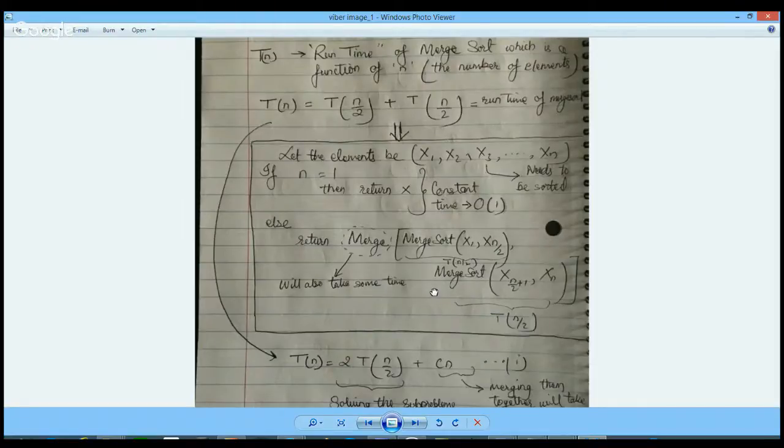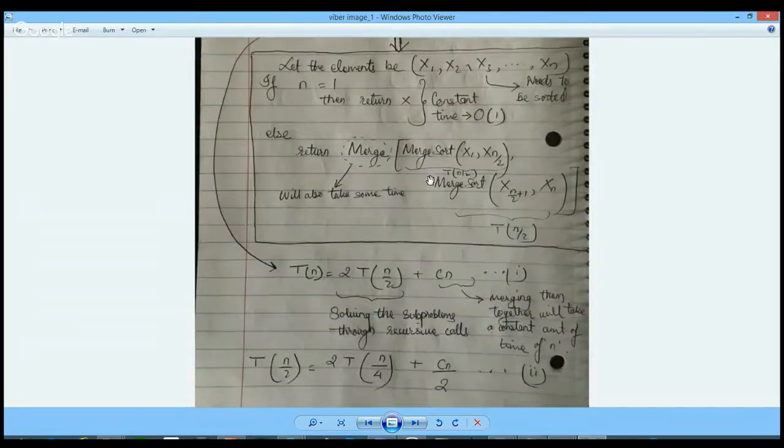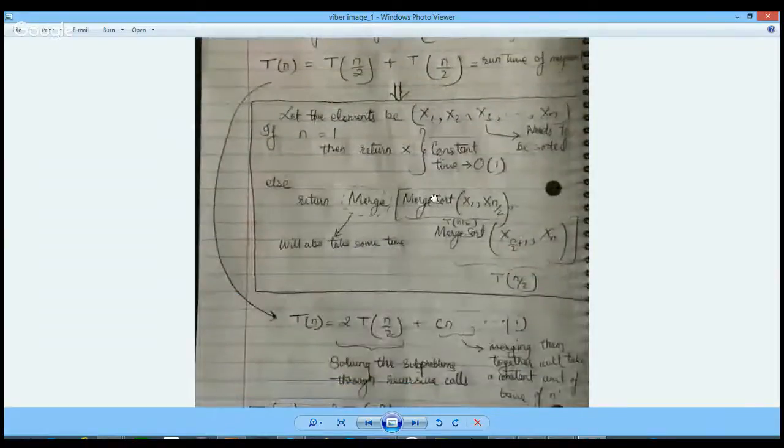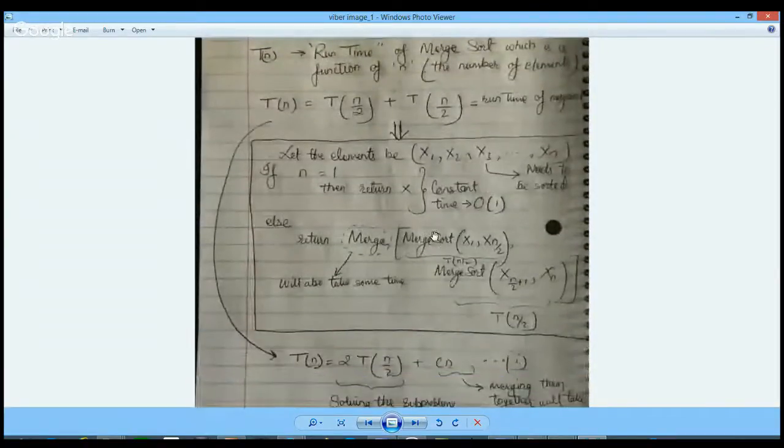So moving further, we can just add these two T(n/2) terms, which equals 2T(n/2) plus Cn.